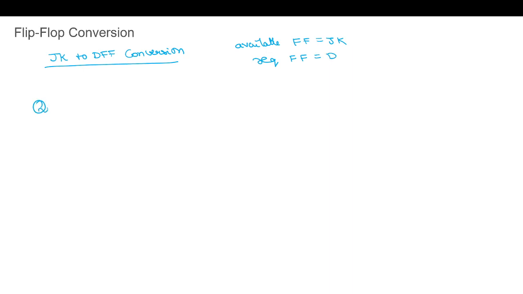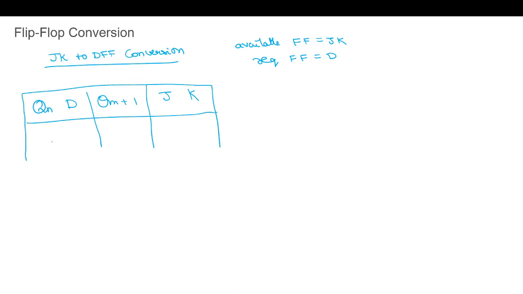So the next question is flip-flop conversion. If we want to convert, say, a JK flip-flop to a D flip-flop, the available flip-flop is JK and the required flip-flop is D. So we have D from the required flip-flop and JK from the available flip-flop.